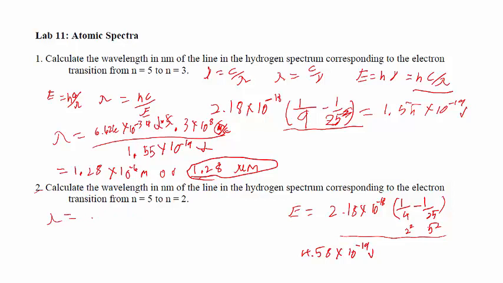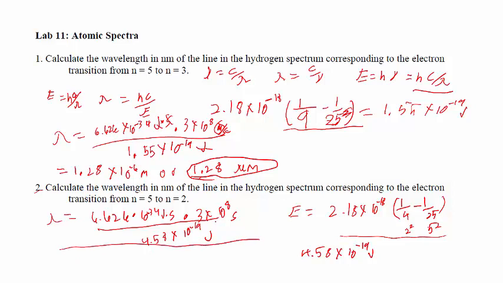Lambda equals 6.626 times 10 to the negative 34 joule seconds times 3 times 10 to the 8th over 4.58 times 10 to the negative 19th joules.